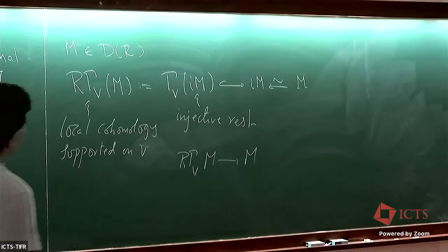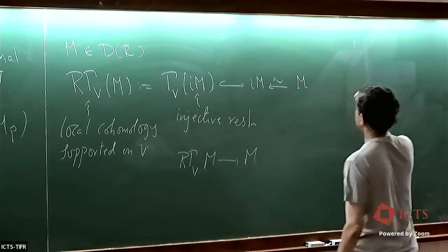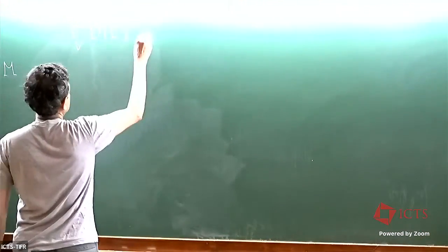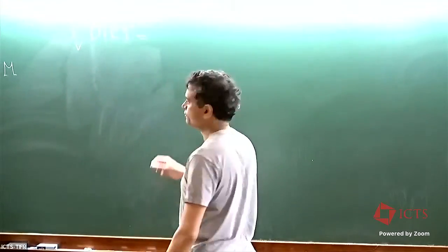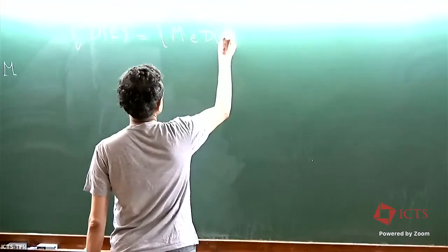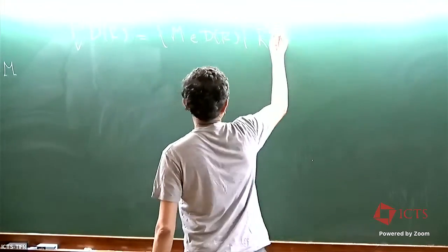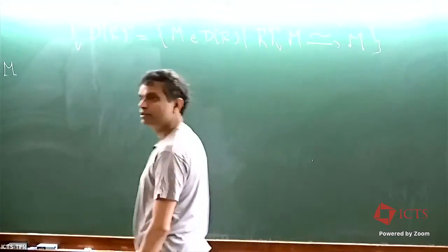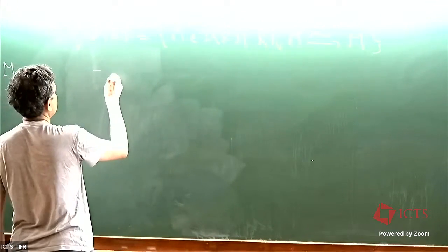Okay, and moving on. So let me set D_V(R) to be the collection of V-torsion complexes. So you're looking at complexes which are entirely supported on V. So this is the V-torsion part of the derived category. And it's not so difficult to check that this is a localizing subcategory of D(R).